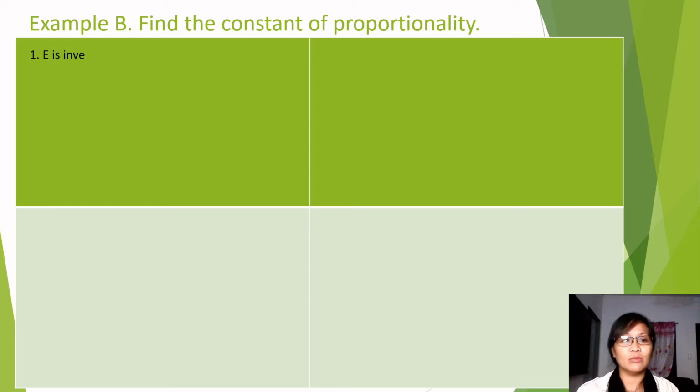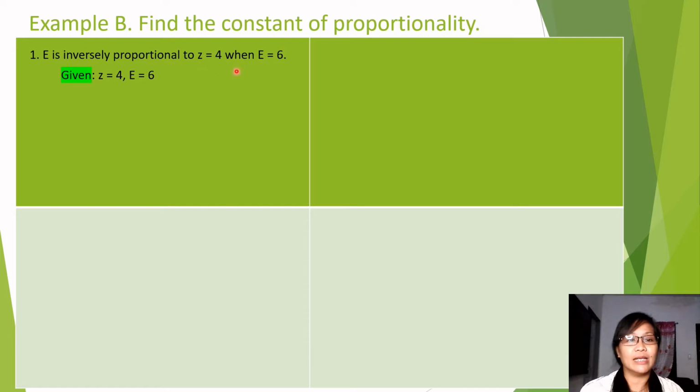For example, number 1, E is inversely proportional to Z, and Z is equal to 4 when E is equal to 6. So, find first the given. Z is equal to 4 and E is equal to 6. And for our equation, E inversely proportional to Z, so we have E is equal to K over Z.